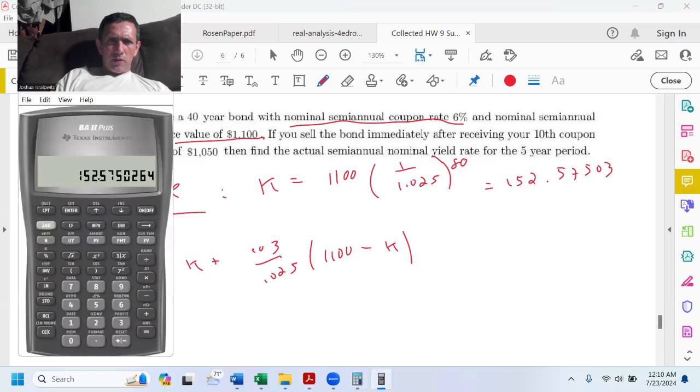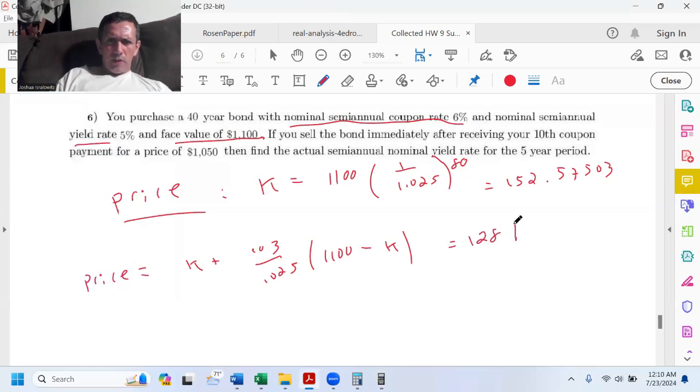So take this, same thing as we did before. 0.03 over 0.025 times 1,100 minus K. 1289.48. I want to emphasize here that K is really small compared to the face value. It's probably like 8 times smaller. That's fine, that's just A-okay.